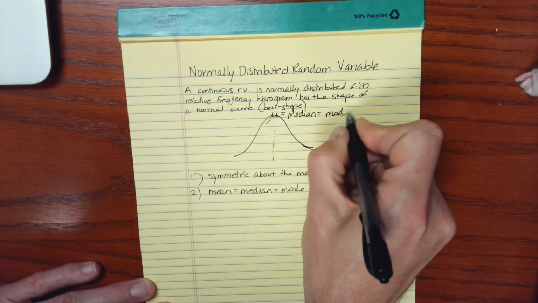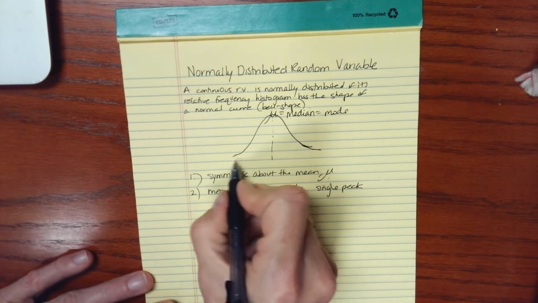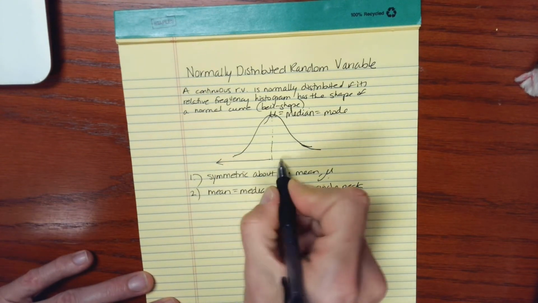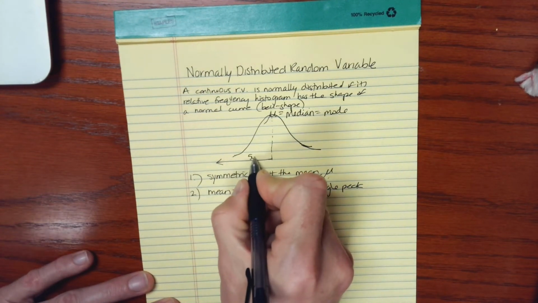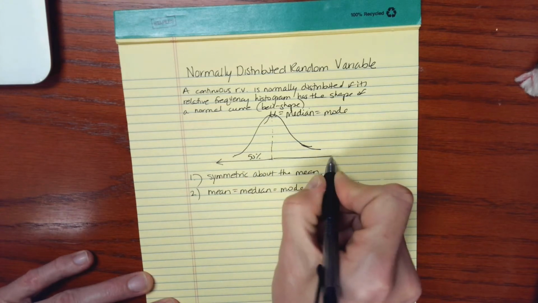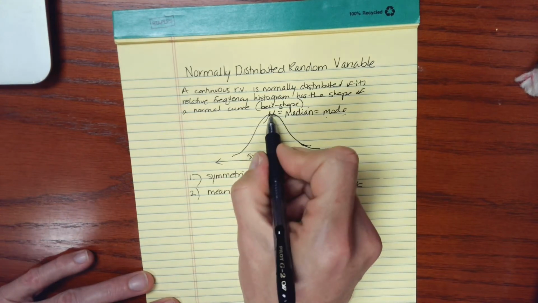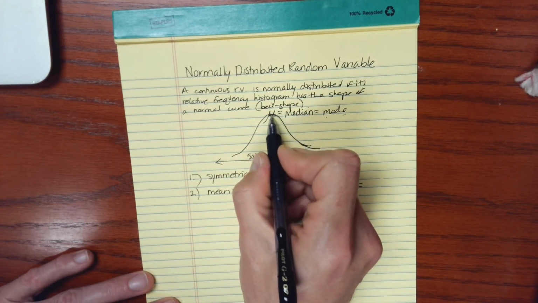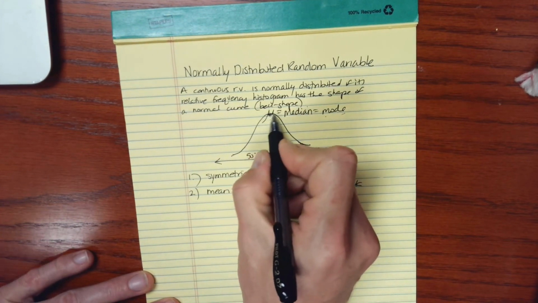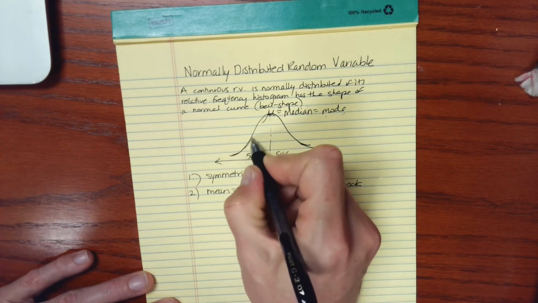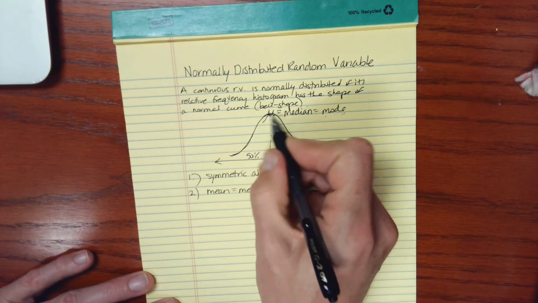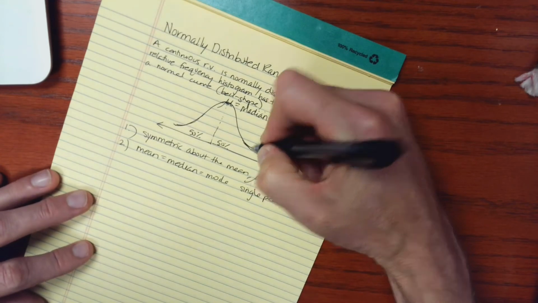And a little reminder: the median tells us that half of the values are to the left and the other half are to the right. The mode tells us that values near this peak are the most common. That's the highest point. Where the curve is higher, values are more likely.